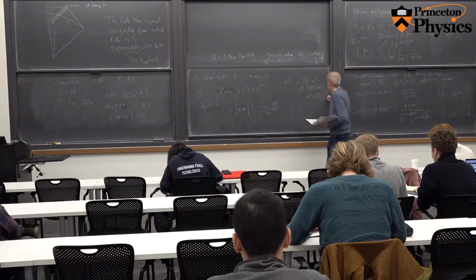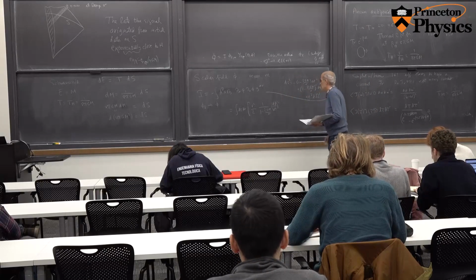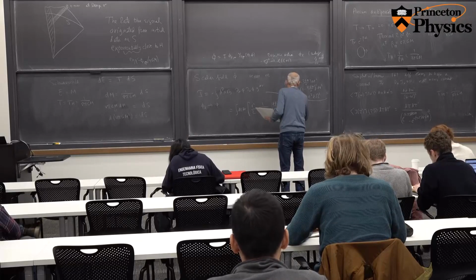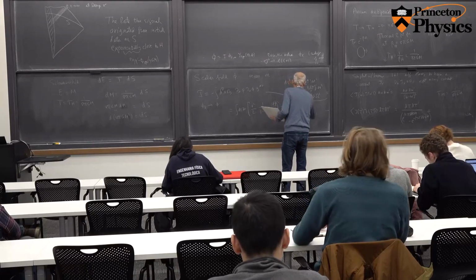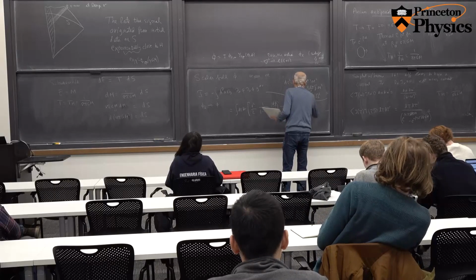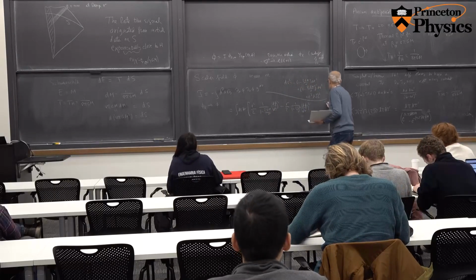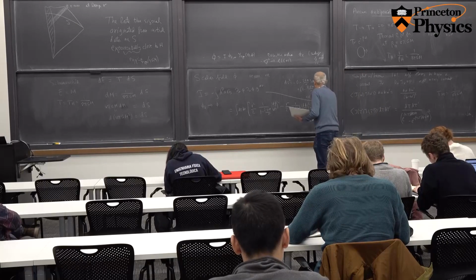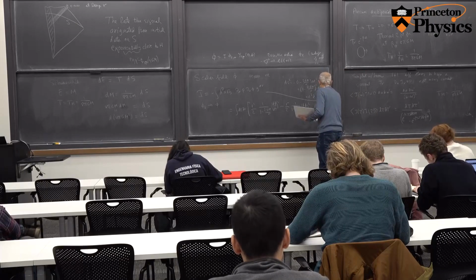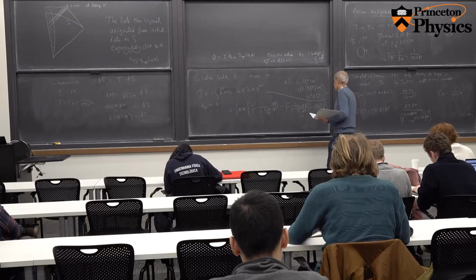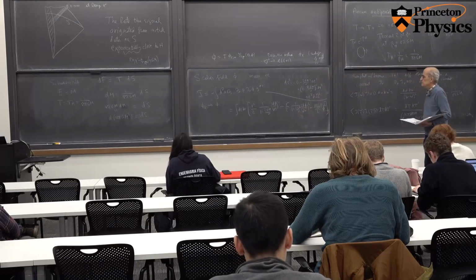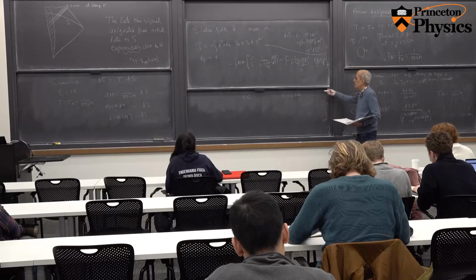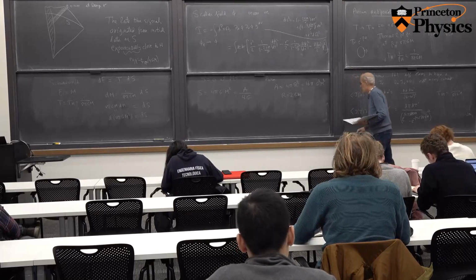The r squared is correct in 4 dimensions, so I think we'll do the calculation in 4 dimensions. But there's a term that came from the angular momentum, and that term is just L times L plus 1 over 2 times phi squared. So this is our effective action for a scalar field that has the angular momentum L.